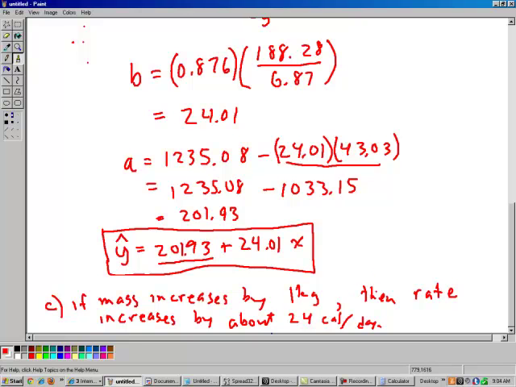Think of slope as y per x. It's always a unit of y per unit of x change.